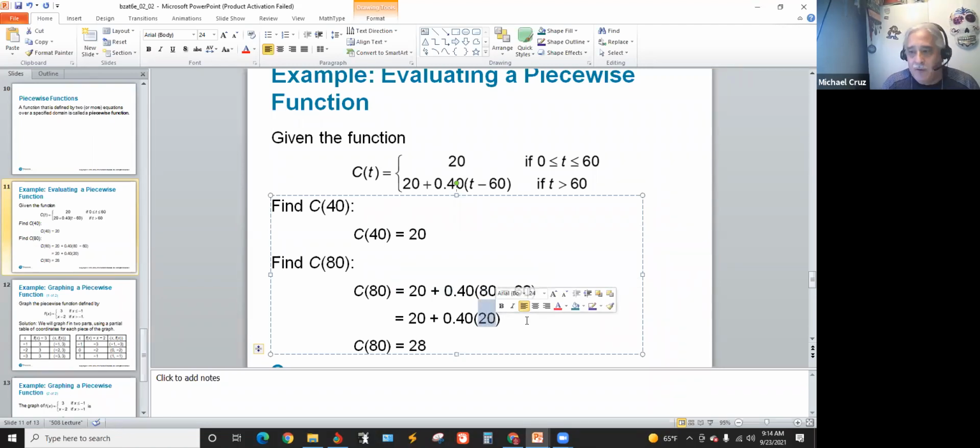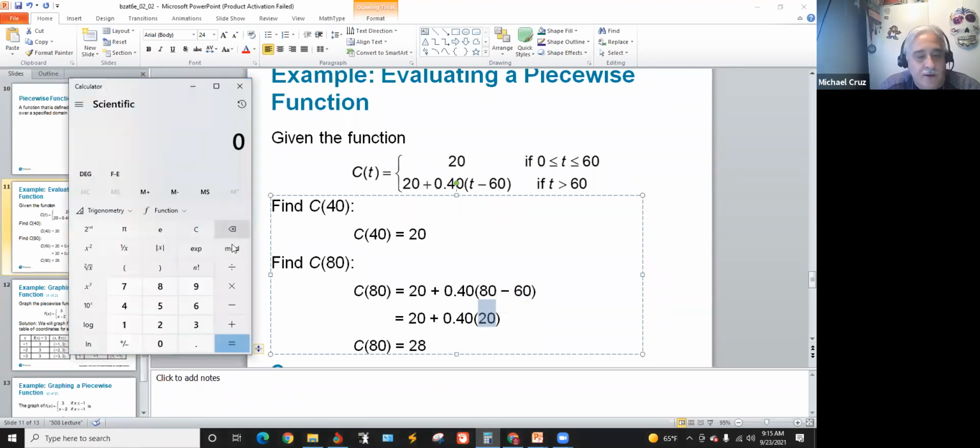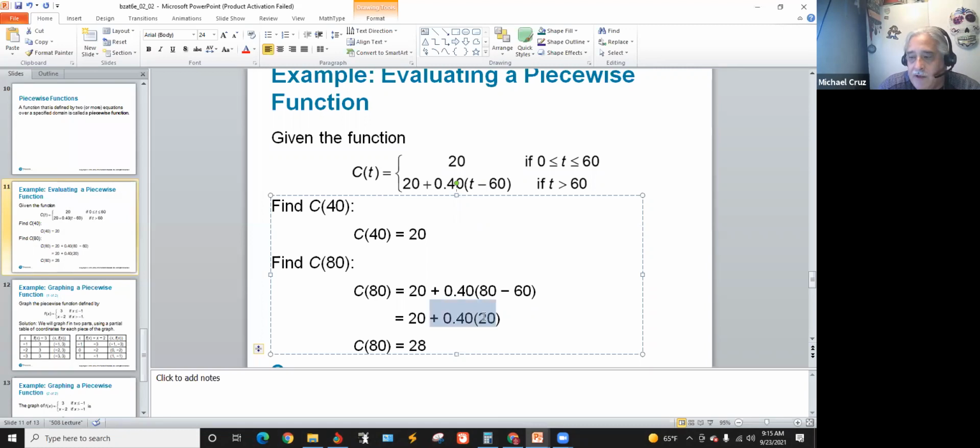That input value gets multiplied times the 0.40 and that ends up being 8. Sometimes I like to do things here so you can see that the math is holding true. So there's the 8 that comes about right here, and then it gets added to 20. So C of 80 is 28.